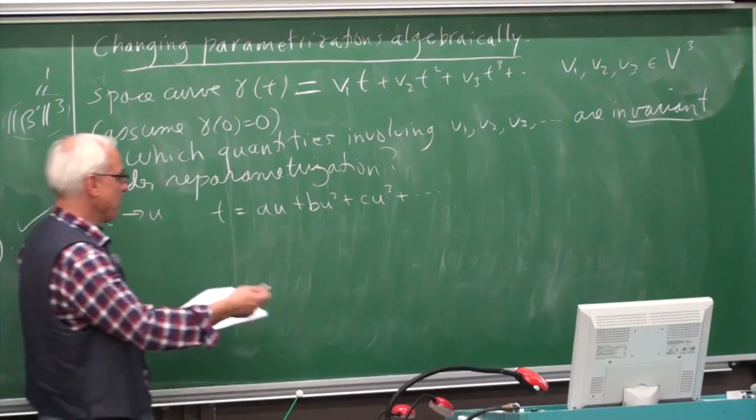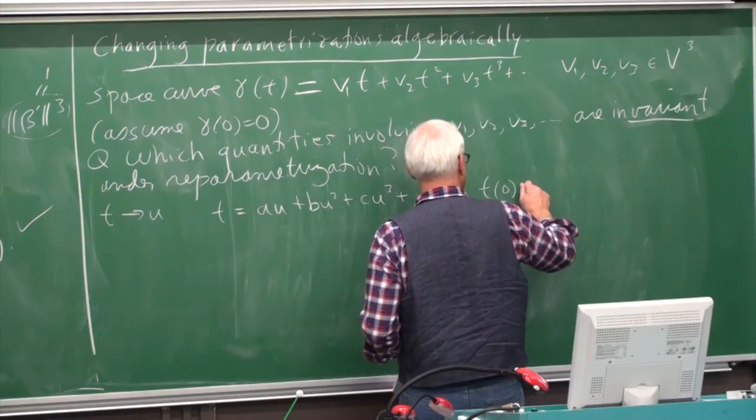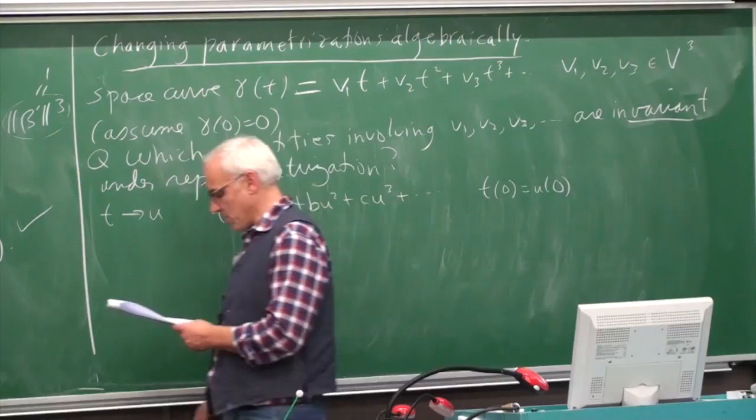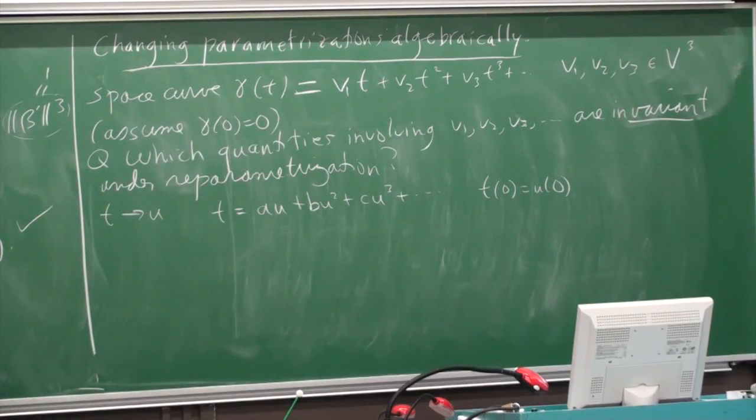So we'll assume that they're lined up so that t of 0 equals u of 0. They're adjusted so they have the same value at 0.